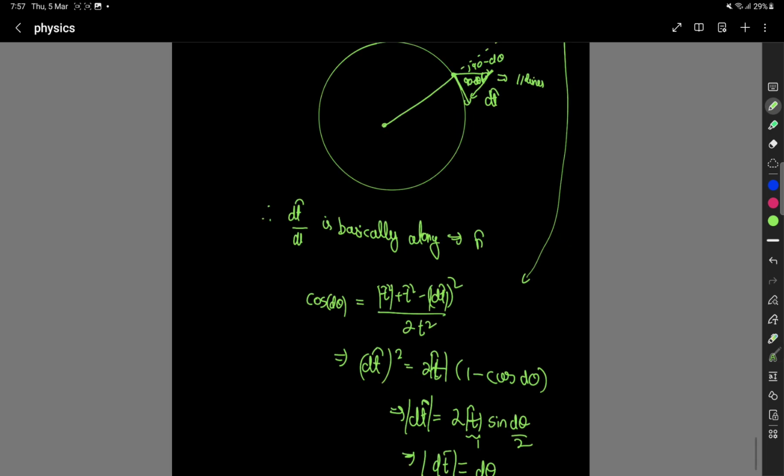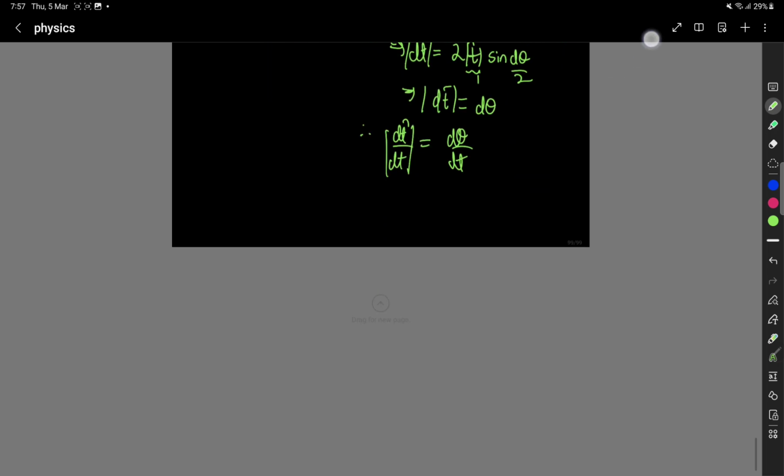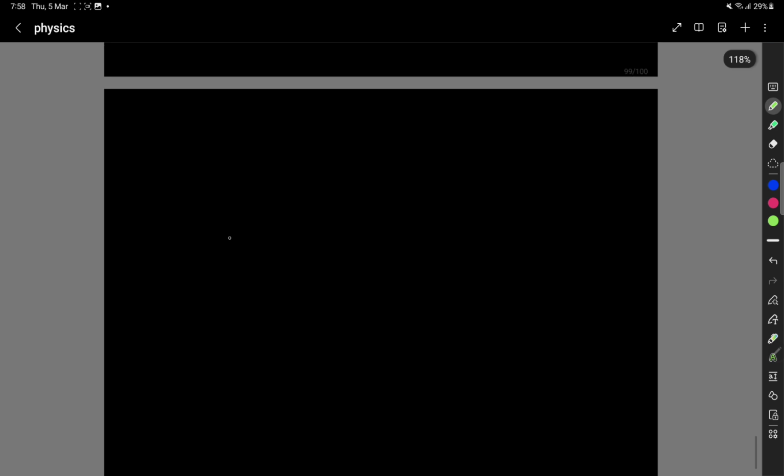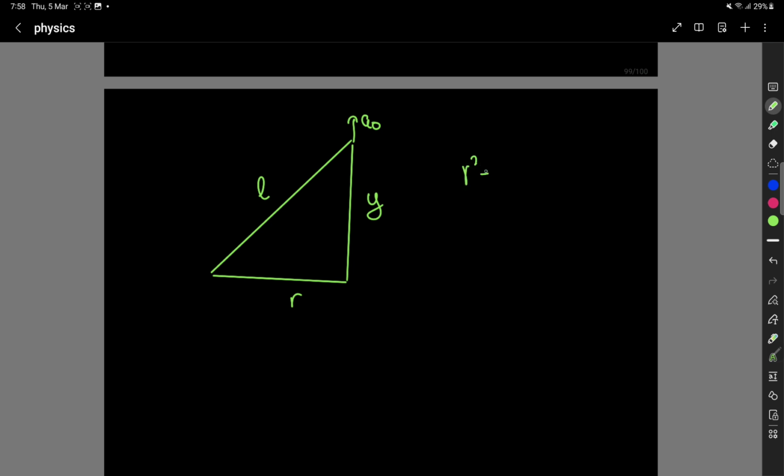Now coming to du by dt. This will be some distance L. So this endpoint is at a naught, r square plus y square is equal to L square, which is a constant. So 2r dr by dt plus 2y dy by dt is 0.